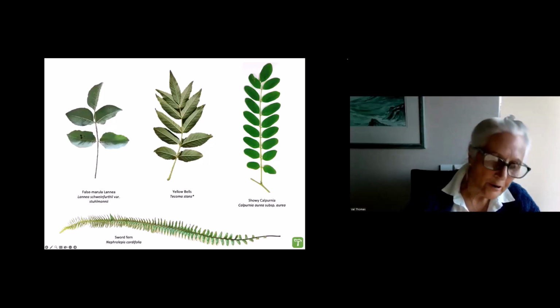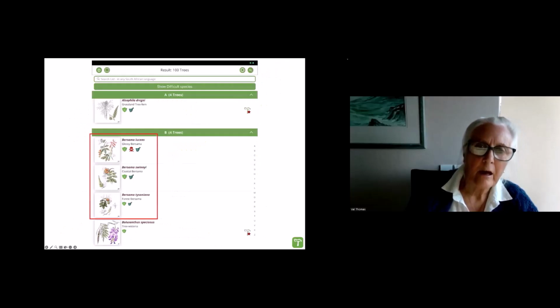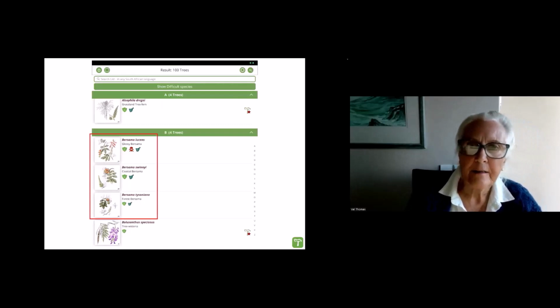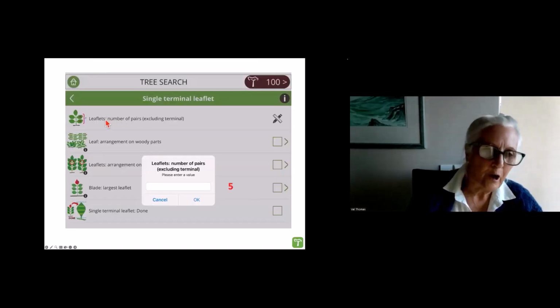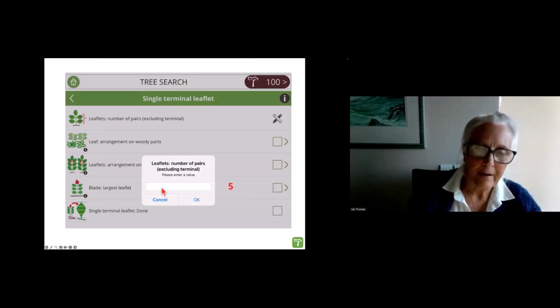So when the app asks you how many pairs of leaflets on your particular leaf that you're looking at, you enter that. Now here, I had a look at the species that we had. We looked at the basamas and thought that they were quite interesting. And so we entered 5 onto this little thing. It comes up here, leaflets, excluding terminal, and it's number 5 pairs.